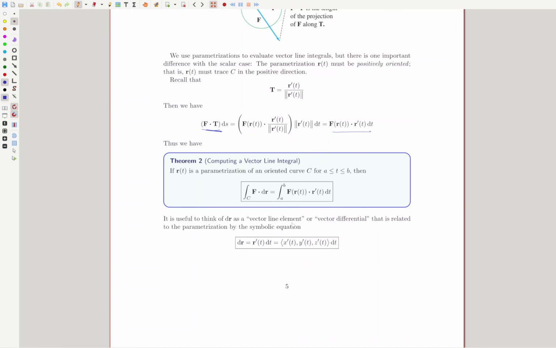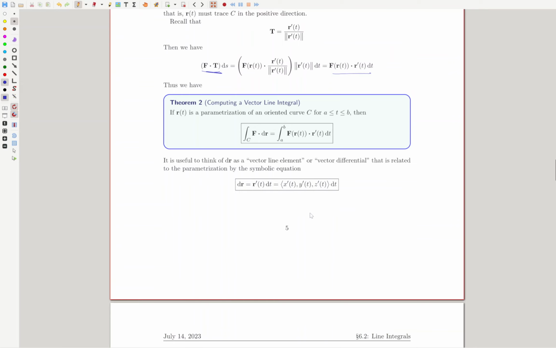Okay, and now I'm starting to set up a justification for a different notation for vector line integrals, which I find a little bit strange, but it's a fairly standard thing to have. First, this quantity dr, maybe I'll circle that. So dr can be thought of as this infinitesimal kind of direction, I want to say.